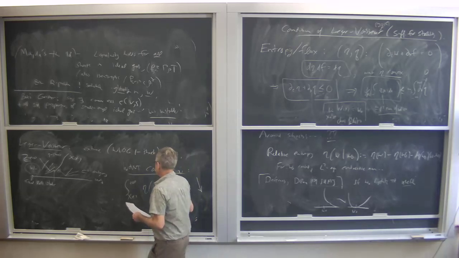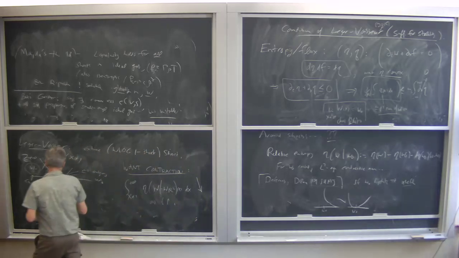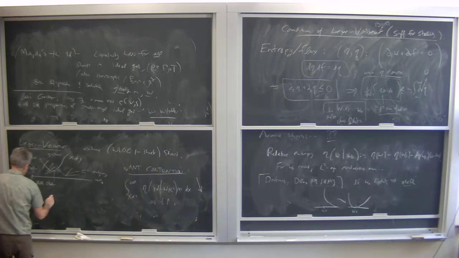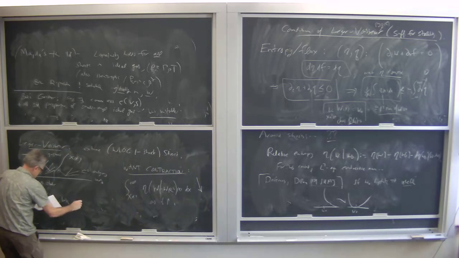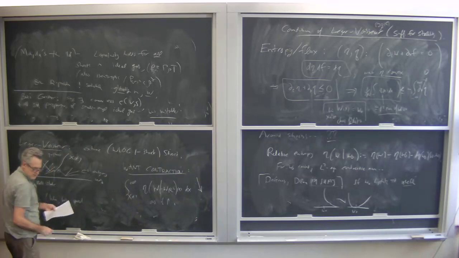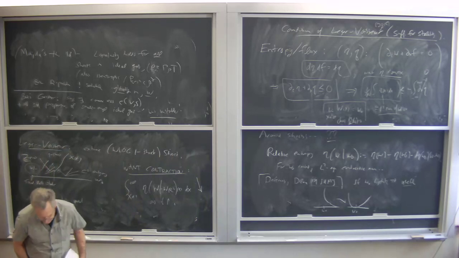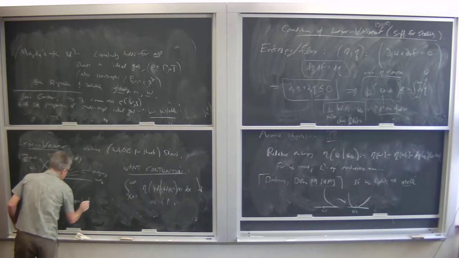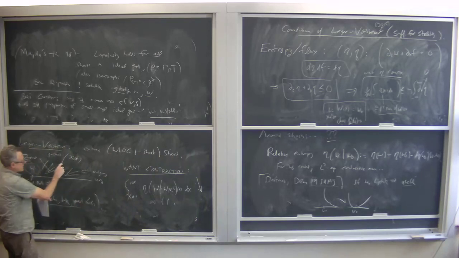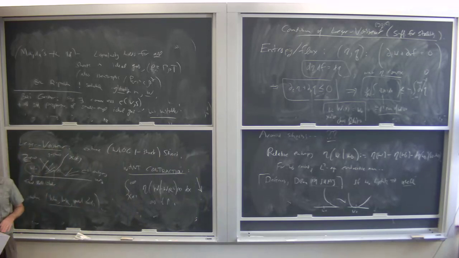WR is defined, so where the shock is from W minus to WR. And speed, what do I use below? I think I used sigma. So it's just the right value here.